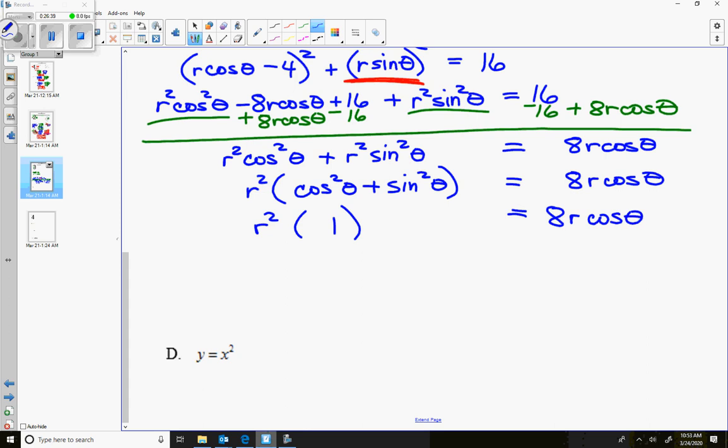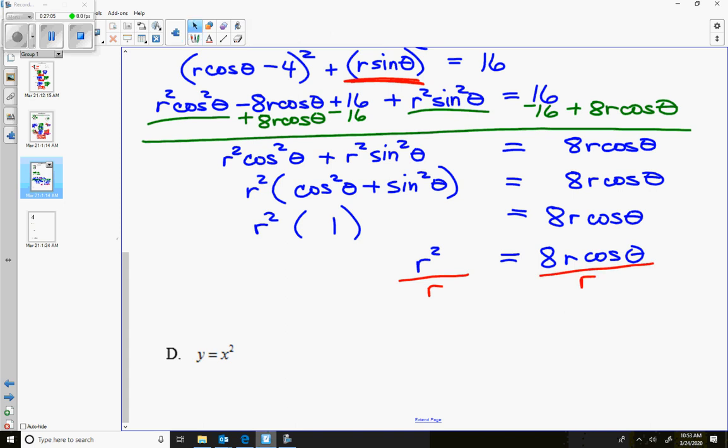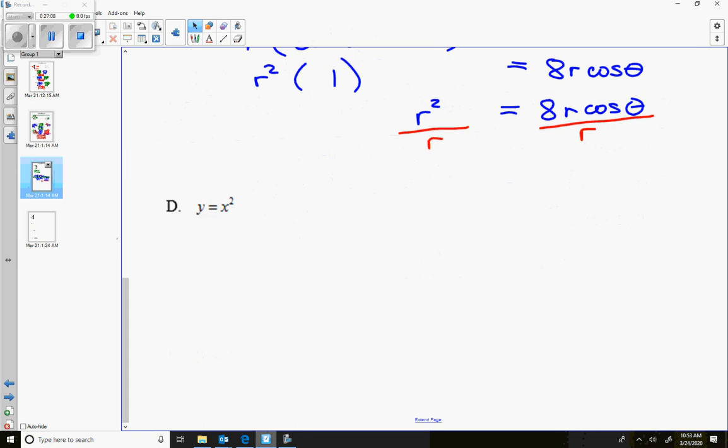R squared times 1 is simply r squared. So r squared equals 8r cosine theta. And then, going one step further here, divide both sides by r. When we divide both sides by r, now we end up with r equals 8 cosine theta. And that is our answer.